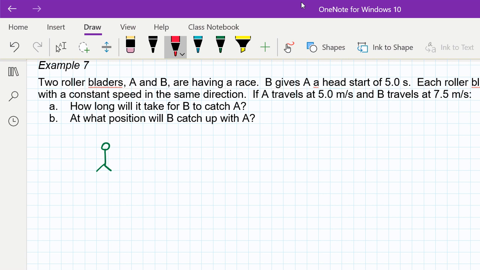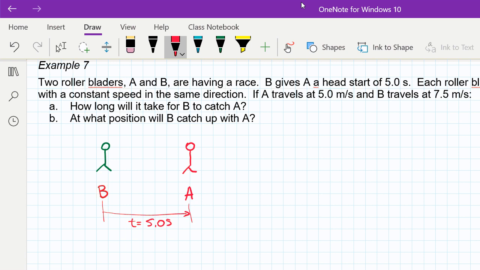So this is roller blader A and this is roller blader B. So B is giving A a 5 second head start.